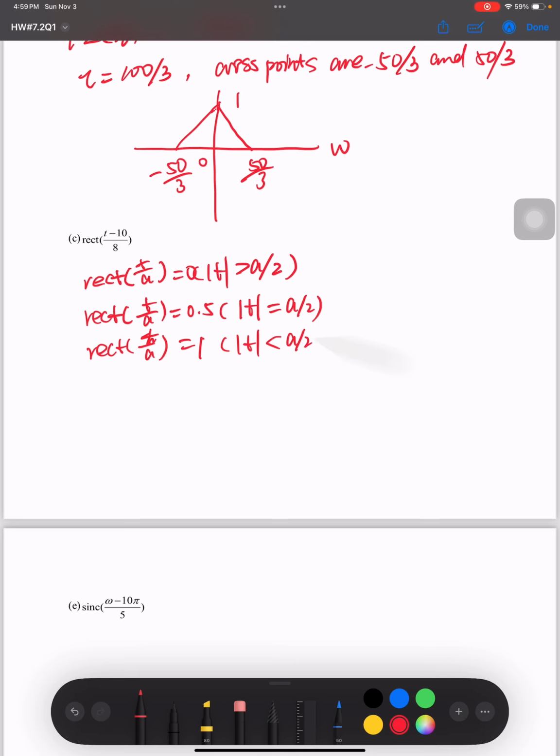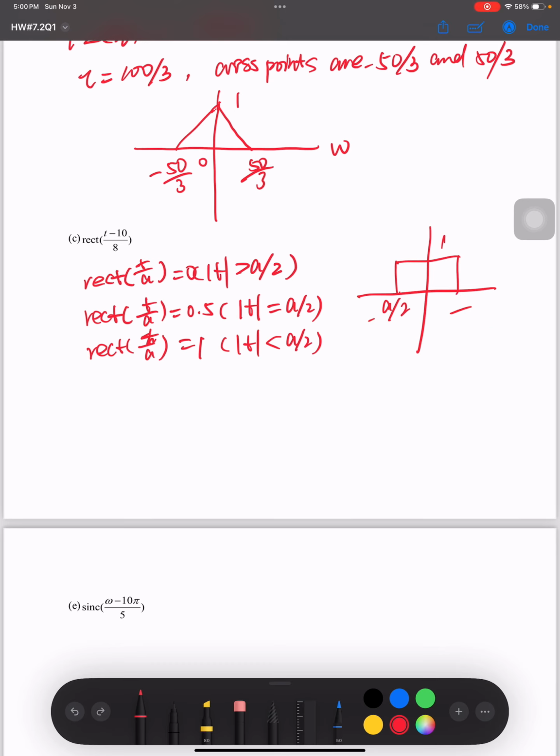And the standard plotting is this is 1, and this is minus a over 2, and this is a over 2.